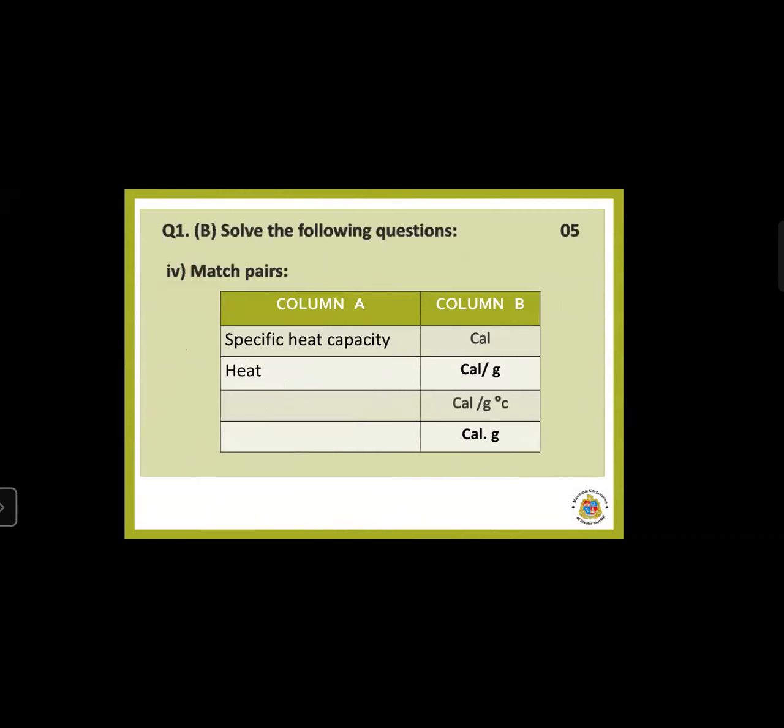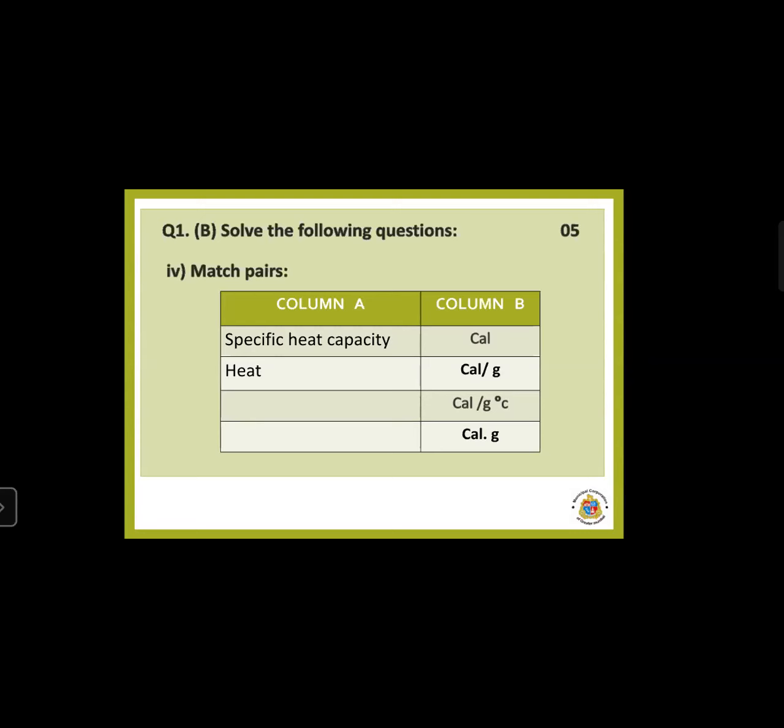Next, match the pair. In your question paper, there is a wrong statement. In column A in your question paper, it indicates specific heat dissipation, and the second one indicates the units of specific heat. But what is specific heat dissipation? It is when the substance changes its state from one to another, from liquid to solid or solid to liquid.